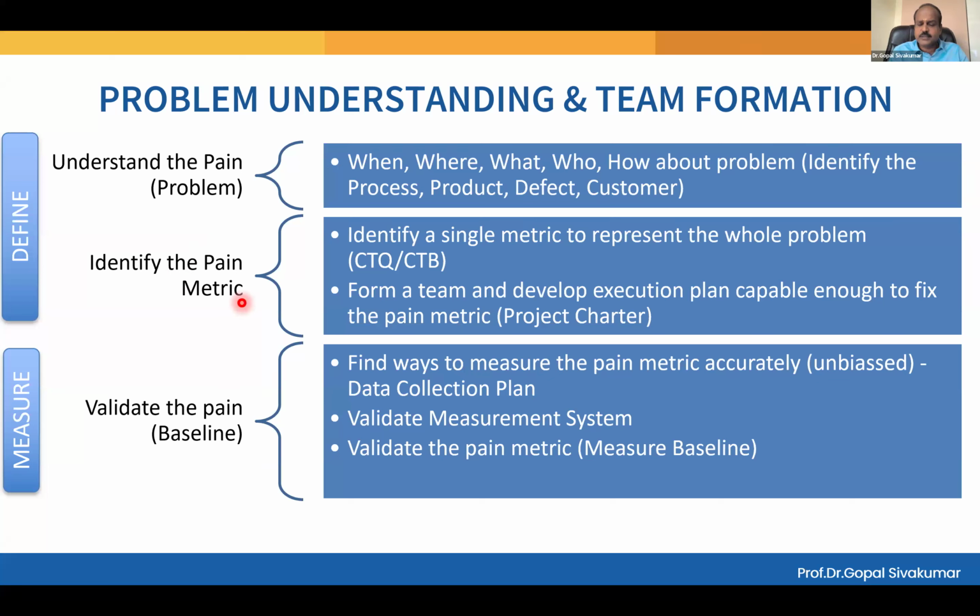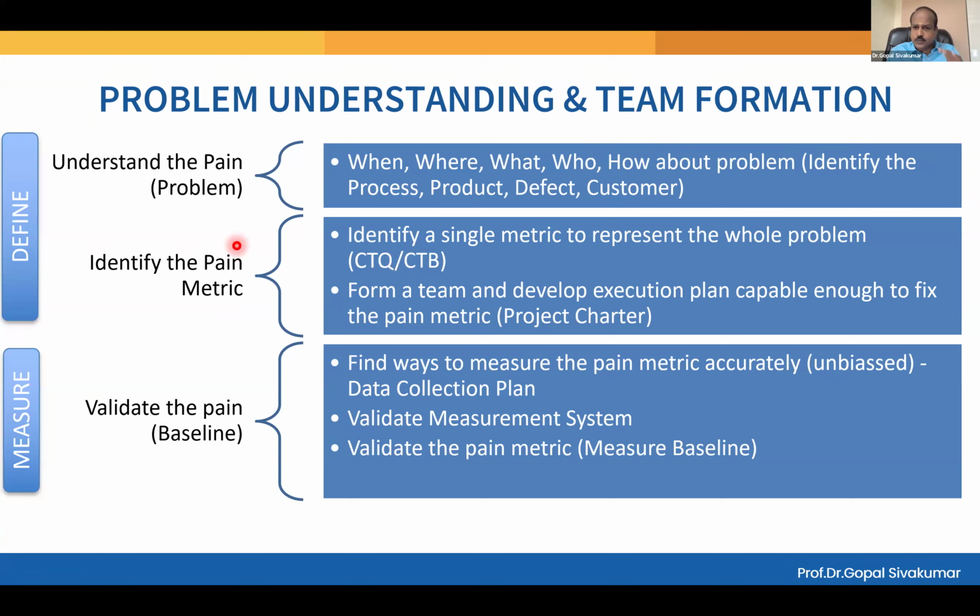The pain metric should be a real pain metric. And also you should use the right statistical tool. Do you want to work on the average, or do you want to work on the median, or do you want to work on something else? All of these things will tell whether you are planning to travel in the right direction or not.